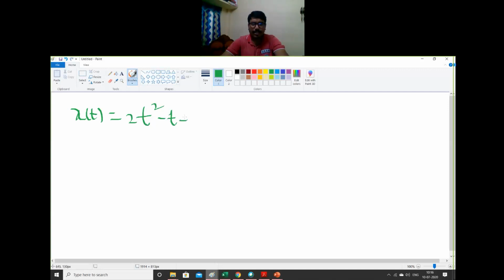Putting minus t: 2 into minus t whole square is t square only, so it is 2t square again, and this becomes plus t, and the 4 is as it is. This is x of minus t.